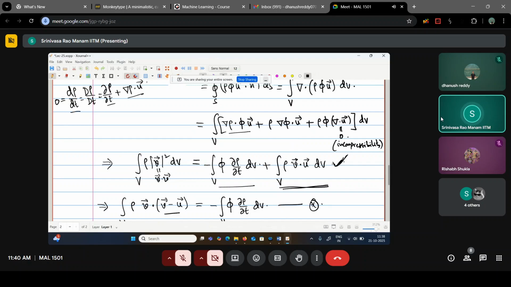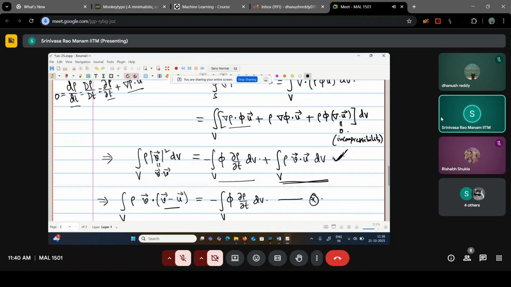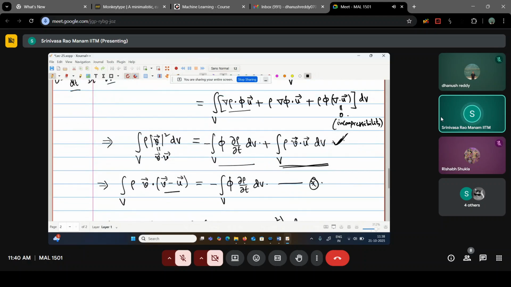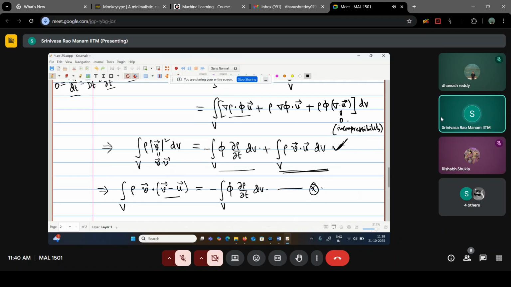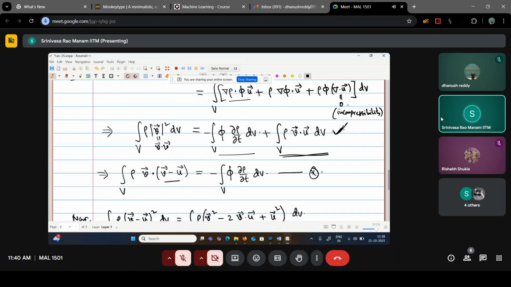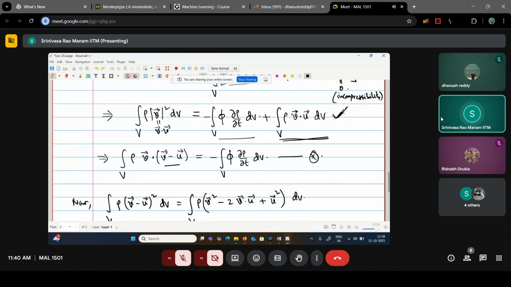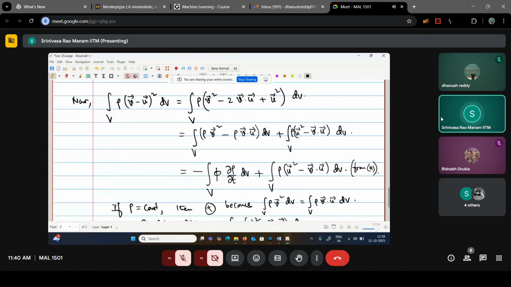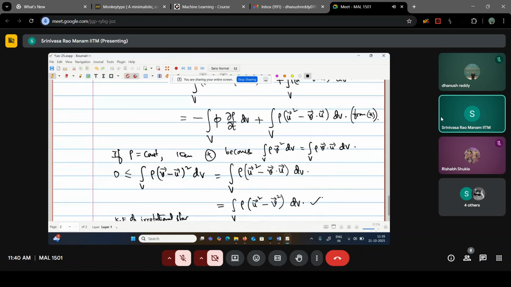Capital D rho by dou t, if you consider, I think you will get something, but you will not get this one. You may not be able to prove it. So only for incompressible homogeneous liquid kind of flow is it possible for you to have this. If rho is constant, this is true. So if rho is constant, obviously star becomes easily this one. You work directly with rho constant, it is immediate to see.